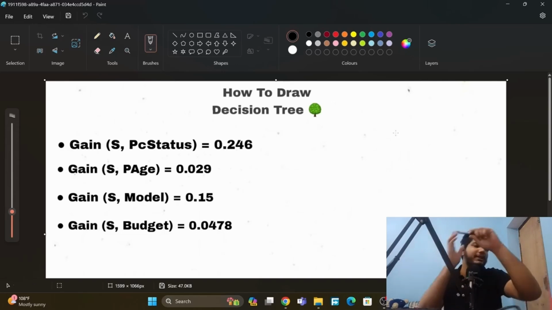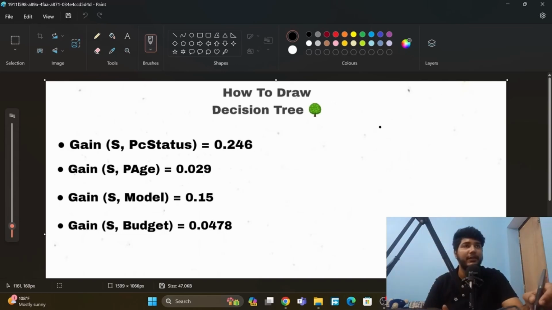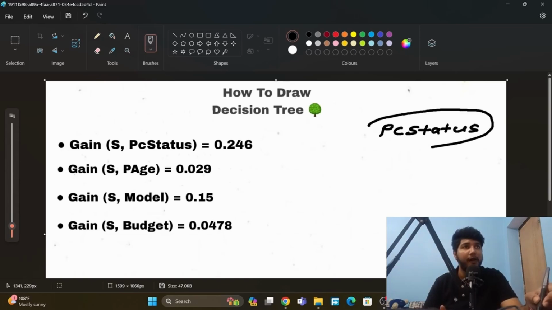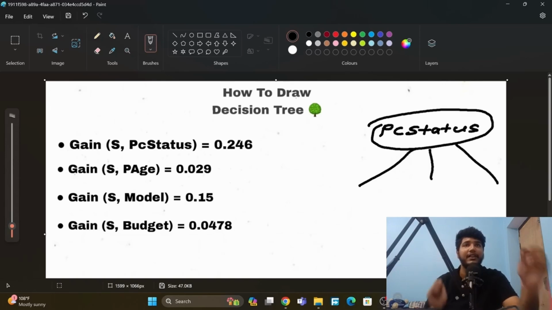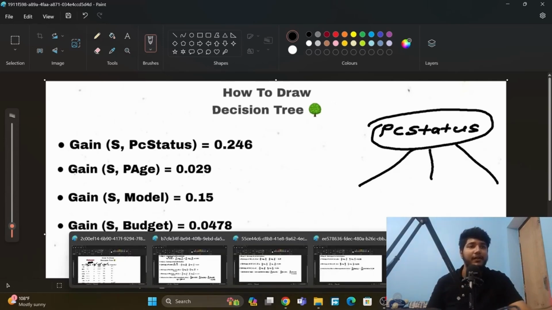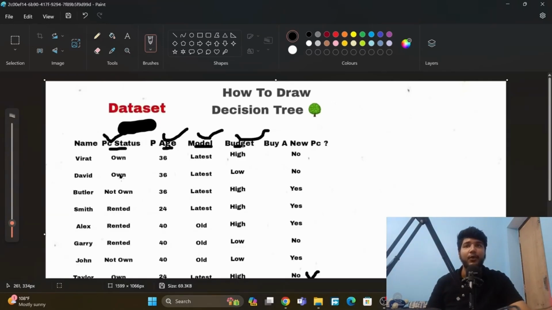Okay, so let me create a root node. Here it will be PC status. This is the root node. Now, which will be the edges inside it? Let me see, there were 3 edges. You can see here: on, not on, and rented. 3 values are there.